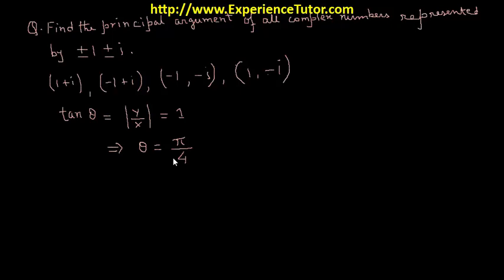Therefore we can write the argument of 1 plus i is equal to theta, which is equal to pi by 4. It will fall in the first quadrant.